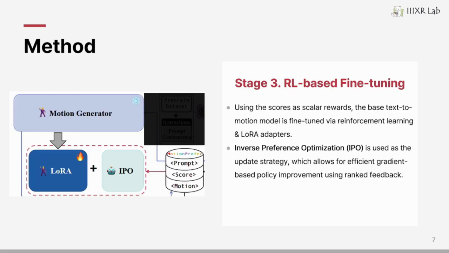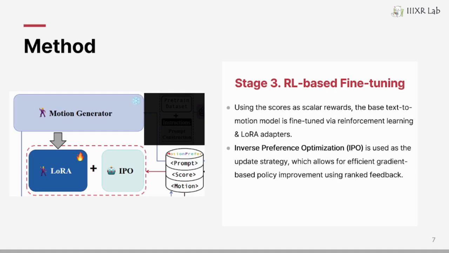This is a gradient-based reinforcement learning technique that optimizes the model to produce outputs which receive higher scores under the learned reward function. By using GPT-4Vision's feedback as a structured reward, the model learns to improve its performance not just on average motion quality, but on alignment with the intent and structure of the text instruction.